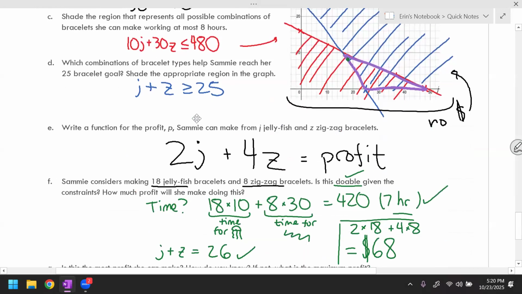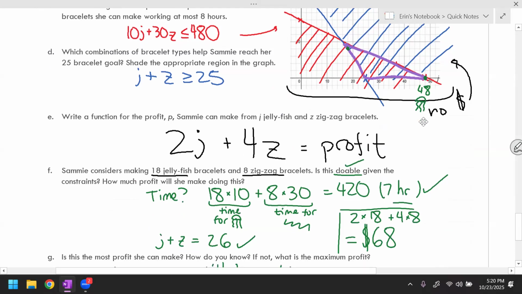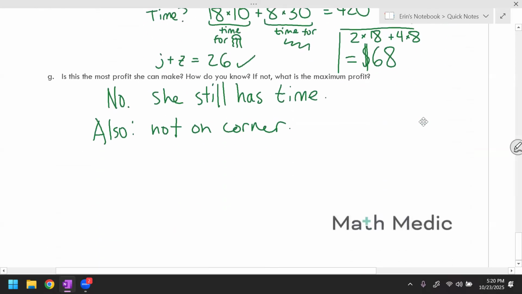So logically, which of the 3 corners maximizes profit? It's this one, 48 jellyfish. And how much will she make if she's able to make and sell 48 jellyfish bracelets? Well, each one goes for $2, which is 96. For 8 hours of work, that seems a little better.